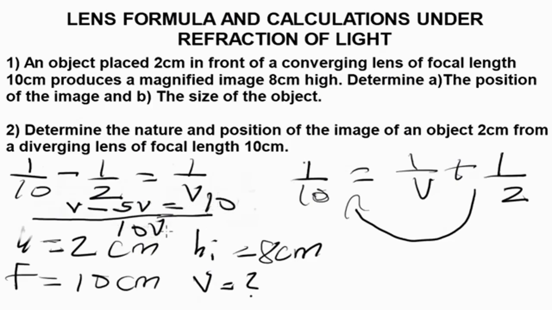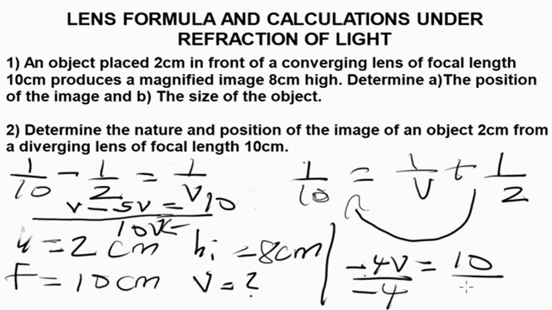So at this juncture, you neglect this denominator. So we're going to have v minus 5v, which is minus 4v, equals 10. Okay, so you divide both sides by -4 to make v the subject of the formula.